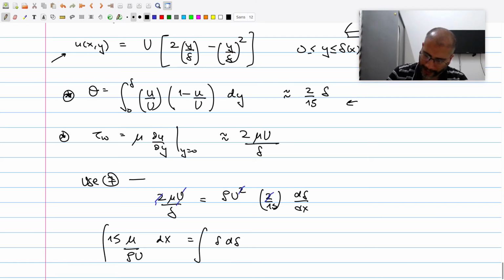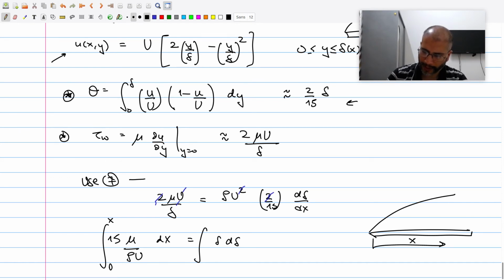Now we can integrate this, and what we are integrating is again the boundary layer. So this is solving for delta. x goes from 0 to some general distance x.